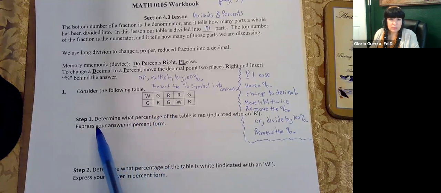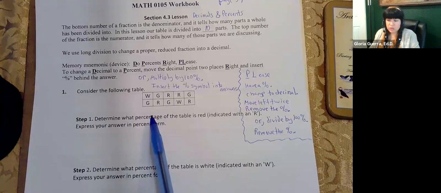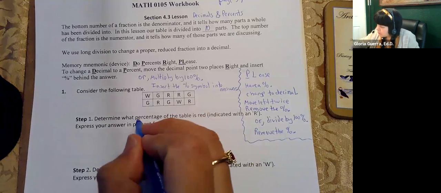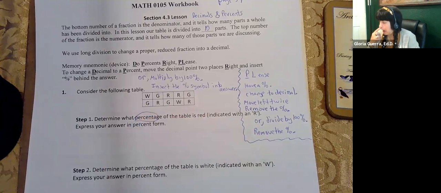So step 1 of number 1 says, determine what percentage of the table is red, indicated with an R, and then express your answer in percent form. So they want the answer as a percentage, and you need to make sure you have a percentage symbol in your answer. If you don't put that in the computer, it will mark it wrong.